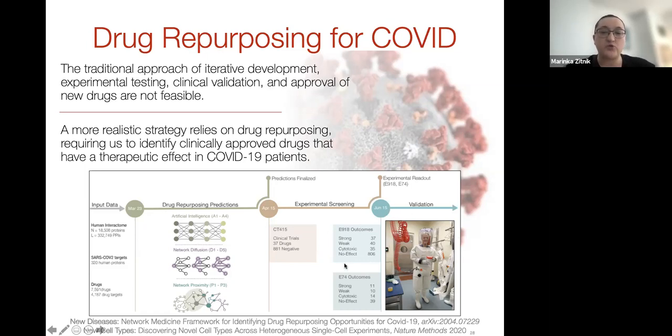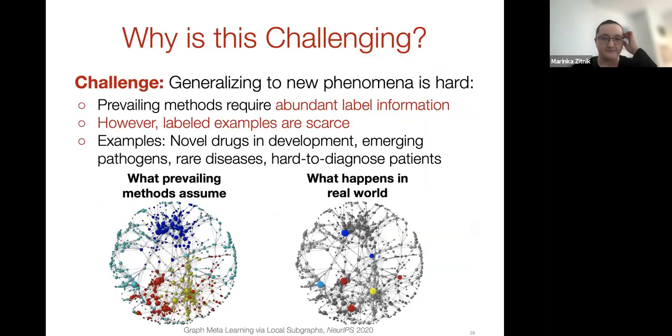To be able to do that so quickly, a very important component was explainability, and the ability of users of our ML predictions, which in our case were virologists and biologists, to interact with graph neural networks, receive explanations, and provide feedback to the model.